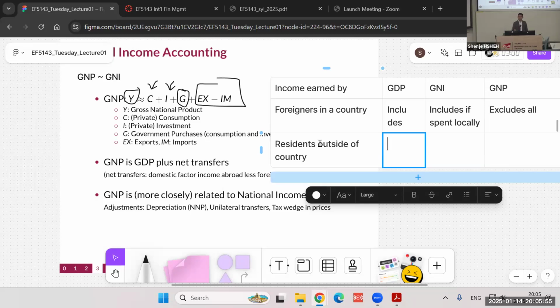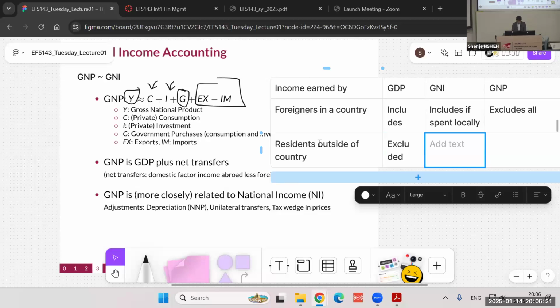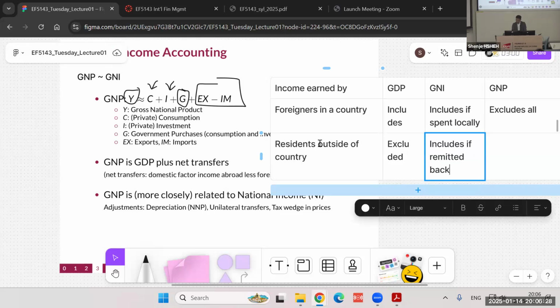GDP, again, is defined based on the physical boundaries, national boundaries. So that means that if you have international companies having offices in Ireland, that's going to be excluded in GDP. So the money that's made by Google in Hong Kong, that's not part of GDP. For GNI, it includes it if remitted back.